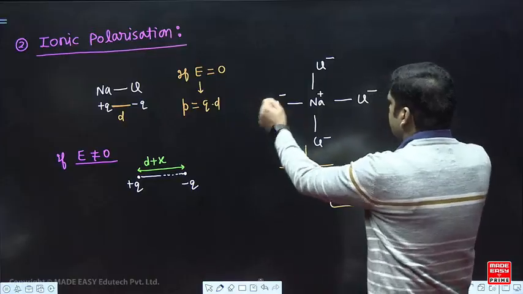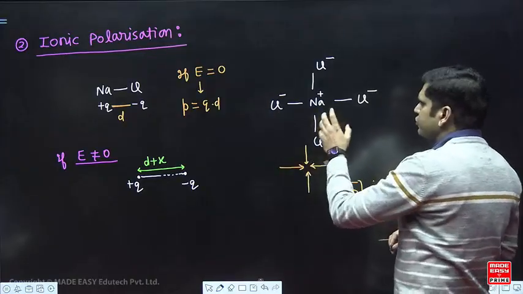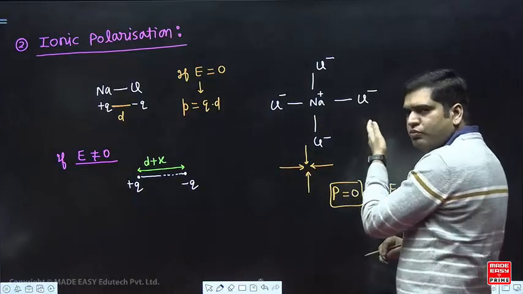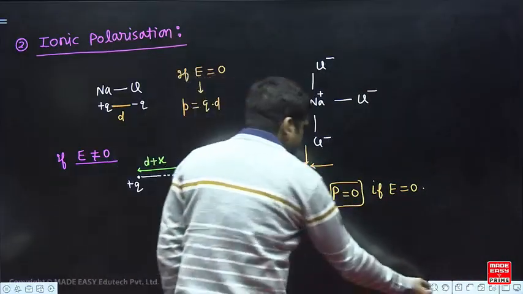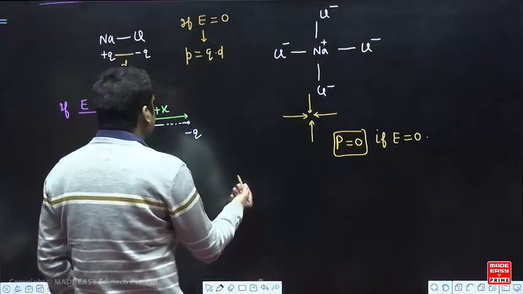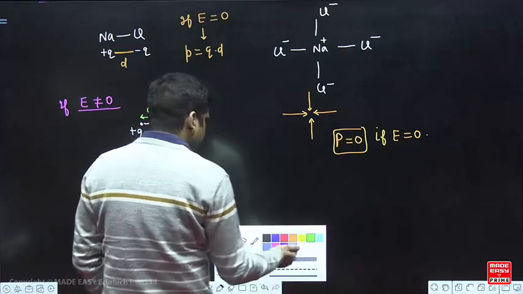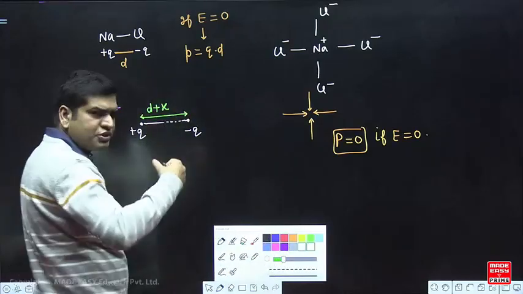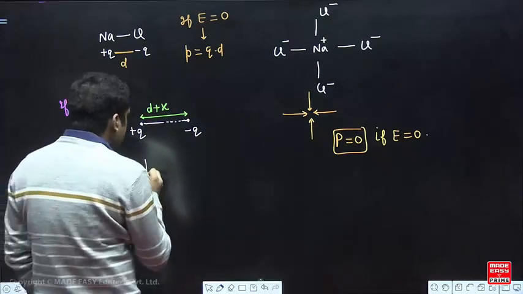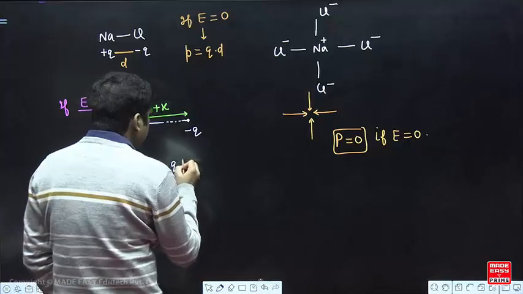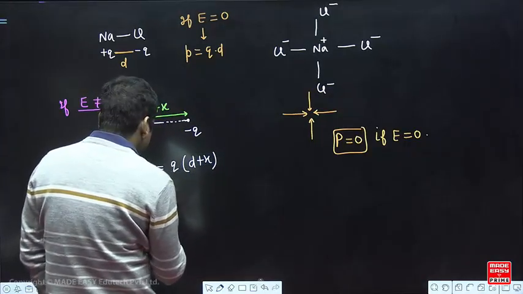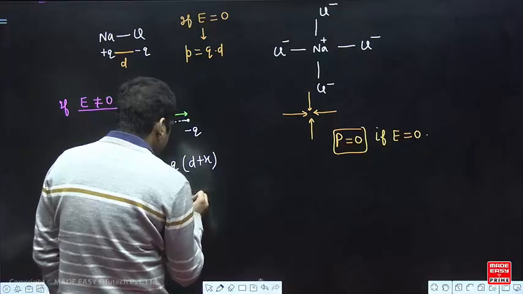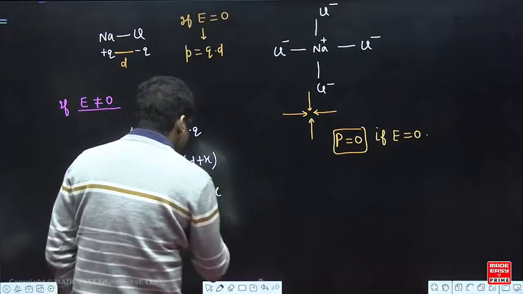Because of the electric field. Let us suppose in this direction we apply the electric field. The electric field will attract the positive ion to one side and the negative ion to the other side, so in that one direction the bond is stretched. X is the length of stretching, कि कितना bond stretch हुआ. So P is equal to Q into D plus X, so P is equal to QD plus QX.